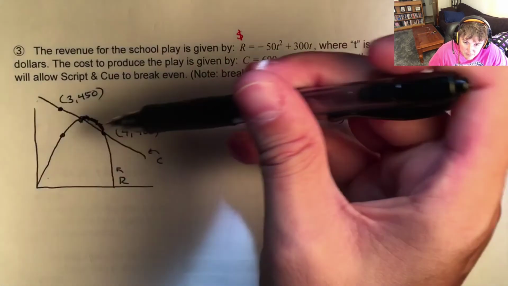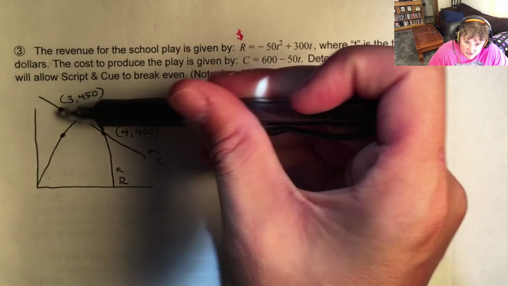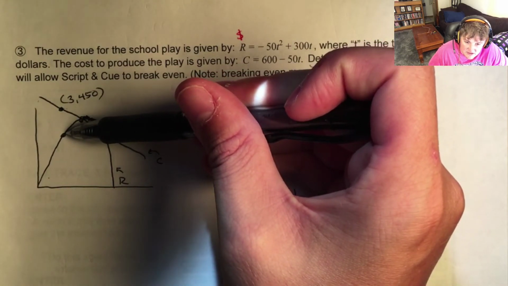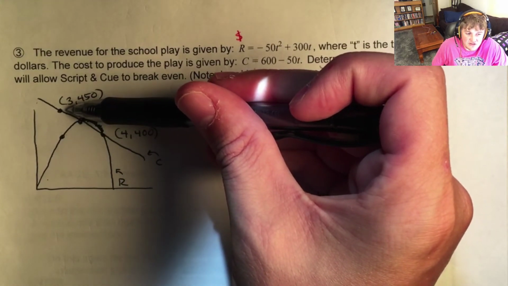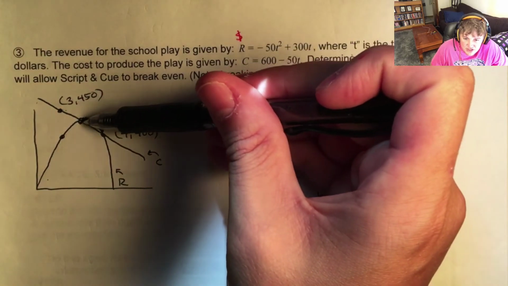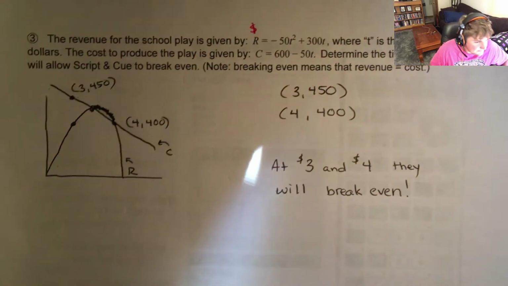We're not making any profit. Because if we take our cost, let's say this is $500 and our revenue is $200, we're making $200, but we're spending $500 on the play. As opposed to here, where we're breaking even. Here, we want to see where our revenue is higher than our cost.